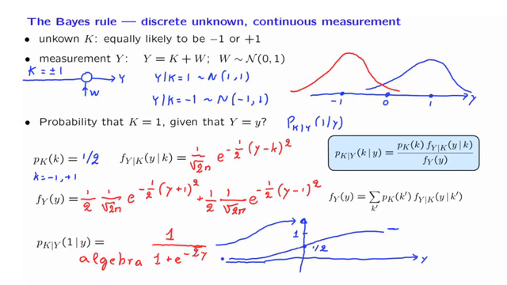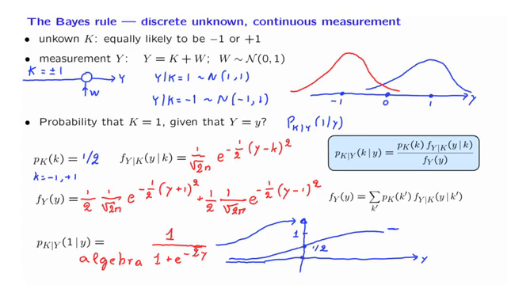And in that case, the probability that k was 1 is going to be approximately 0. Finally, if y is 0, then we're just in the middle of the two possibilities, and by symmetry, either choice of k is equally likely. Therefore, the posterior probability that k is equal to 1, given that y was equal to 0, is 1/2. When y is equal to 0, it's equally likely that either signal was sent.